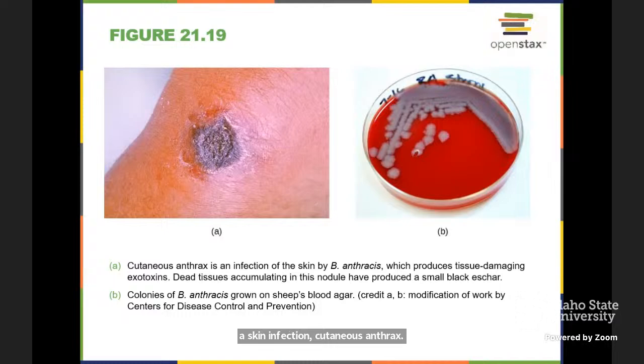Back in the day, it had a common name of wool sorters disease because the people working with those sheep and shearing them, it was pretty common to get some skin infections as a result of it. Hides of other animals also potentially harbor it, more than just sheep.